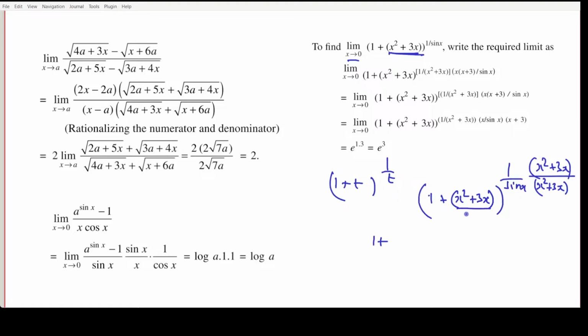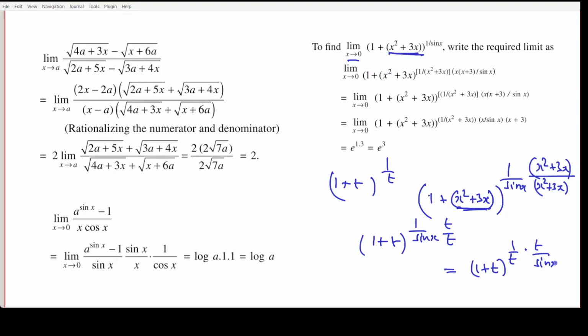Let's say this part is t. This becomes (1 plus t) whole power 1 by sin x into t by t. Agreed? Okay, sir. I can rewrite this as (1 plus t) whole power 1 by t, into t by sin x.